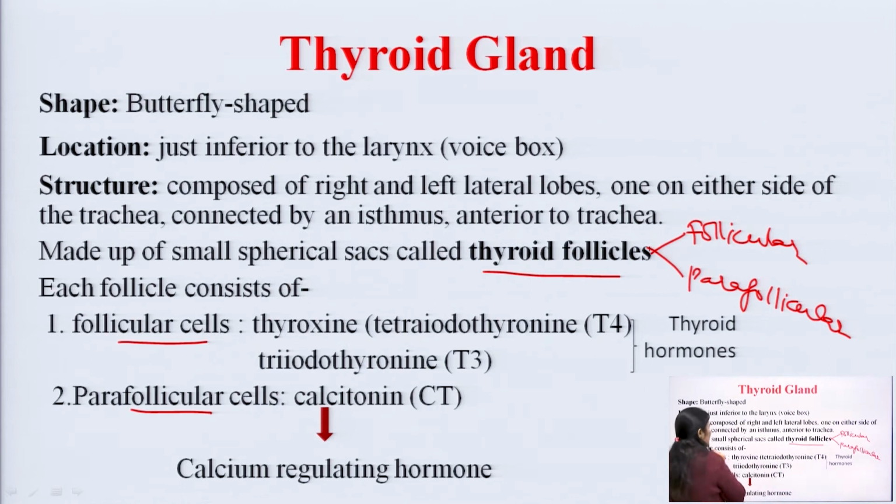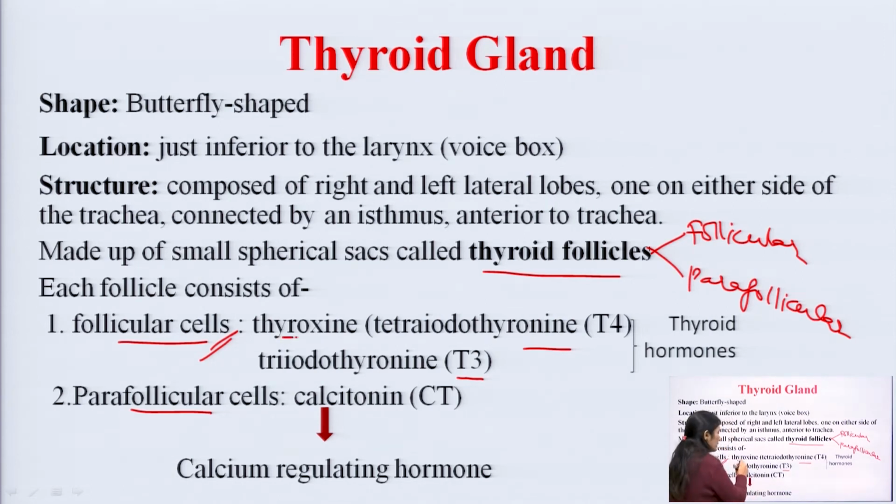These follicular cells, this is important, synthesize and secrete thyroid hormone. So, which hormones? T4, tetraiodothyronine, because it consists of 4 molecules of iodine, and triiodothyronine T3, because it consists of 3 molecules of iodine.